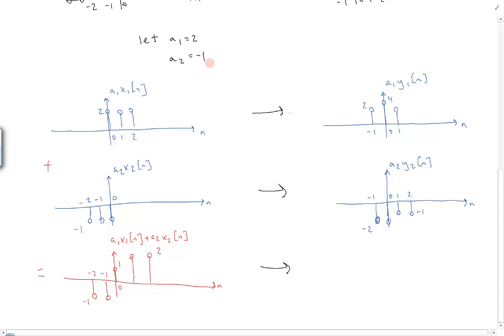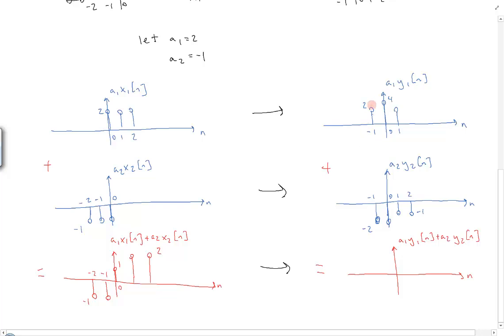And once again, if this is a linear system, then these will add up in the same way that our inputs added up to form a more complicated signal in order to form this final composite signal, which is A1 Y1 of n plus A2 Y2 of n.